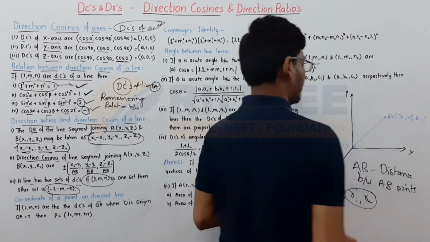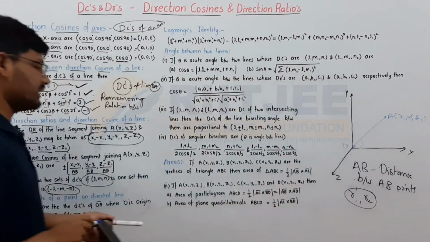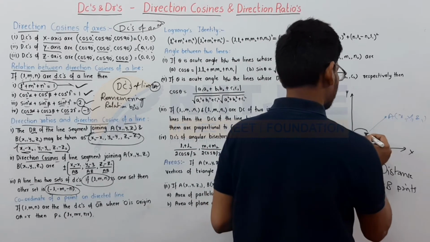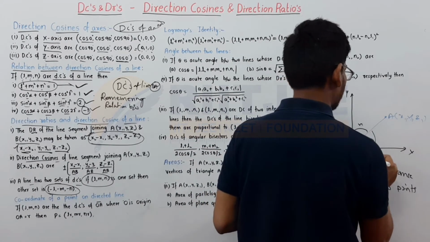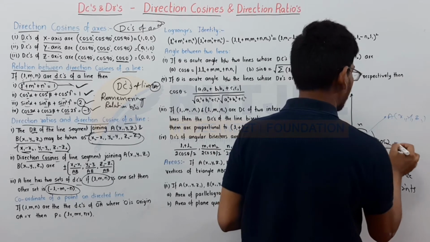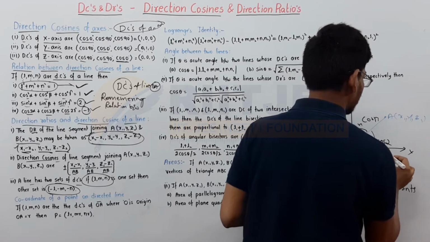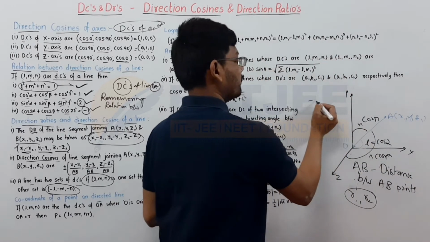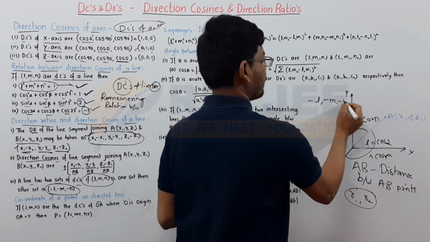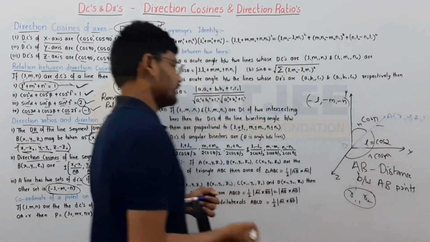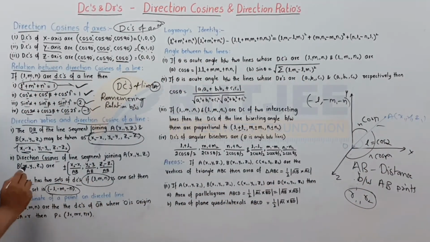The set of DCs for this one is L, M, N, where L, M, N are cos alpha, cos beta, cos gamma. The other set will be minus L, minus M, minus N for this line OA. This is all about the third point here.